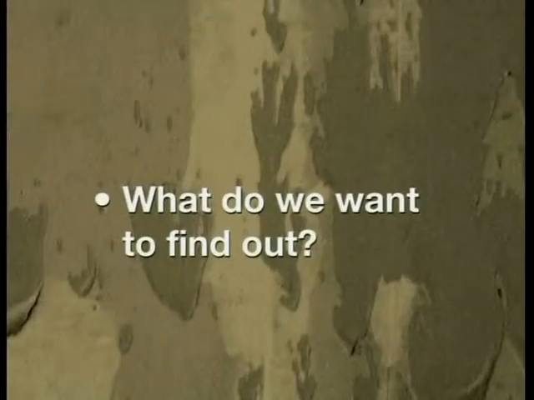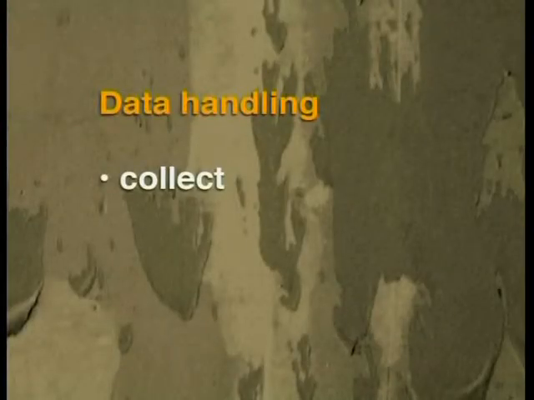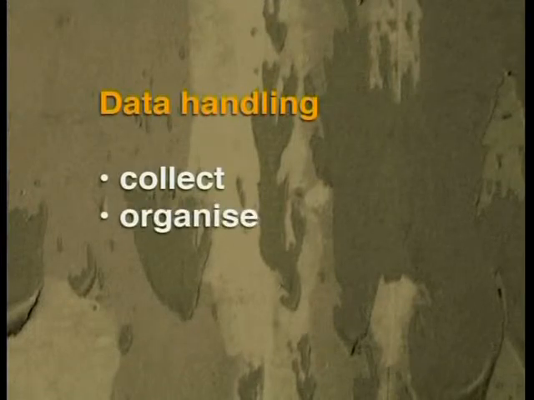To get the statistics they need, researchers need to ask questions. But before that, they need to work out for themselves what it is that they need to find out. Then they can collect information to help them find the answers. When they've collected enough data, they need to sort it out or organize it in some way.